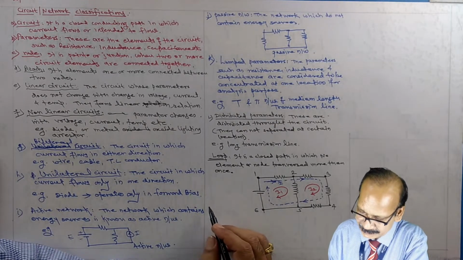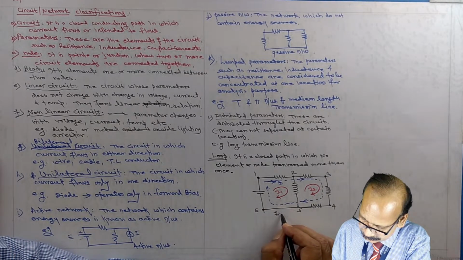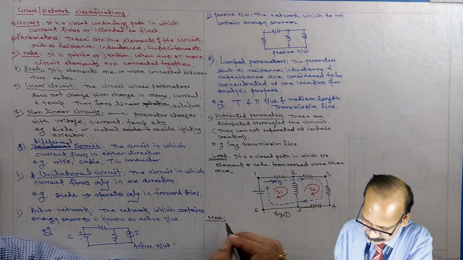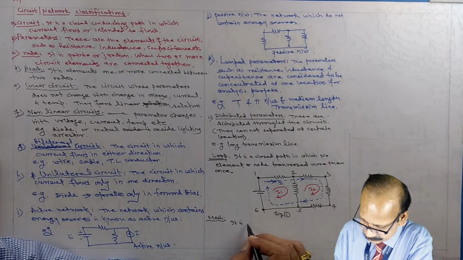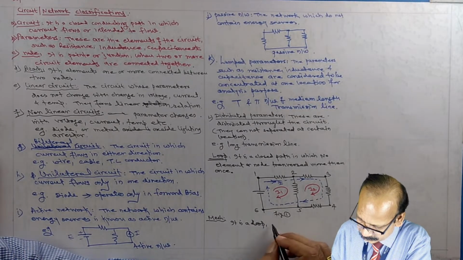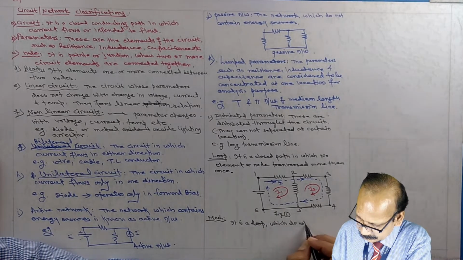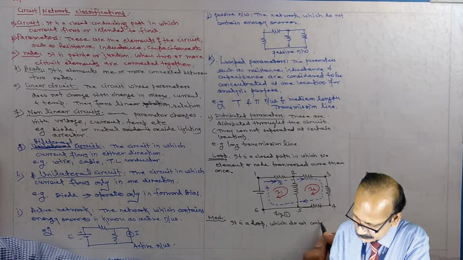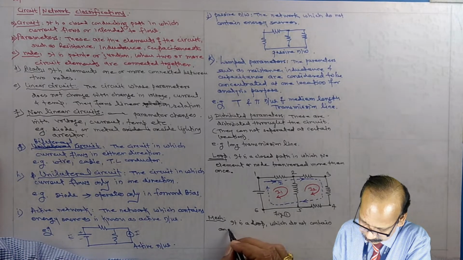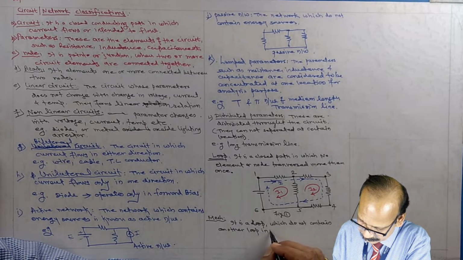Now pay attention here. And what is a mesh? It is a closed path, or a loop, which does not contain another loop in it.